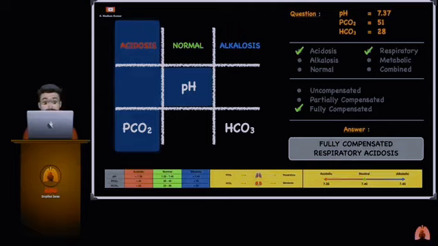The pH is in the range of 7.37. It is moving towards acidosis from the neutral point, and PCO2 is involved in the acidosis column, which represents respiratory.